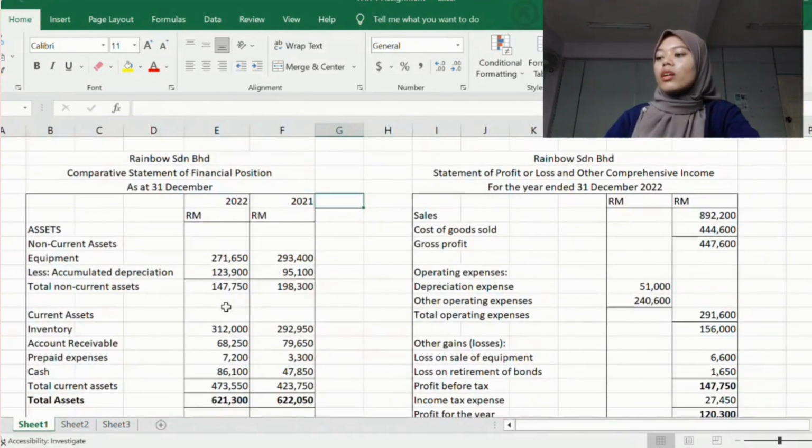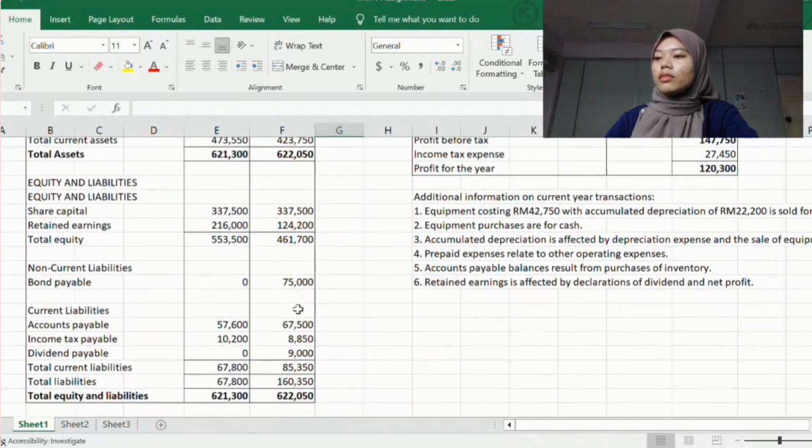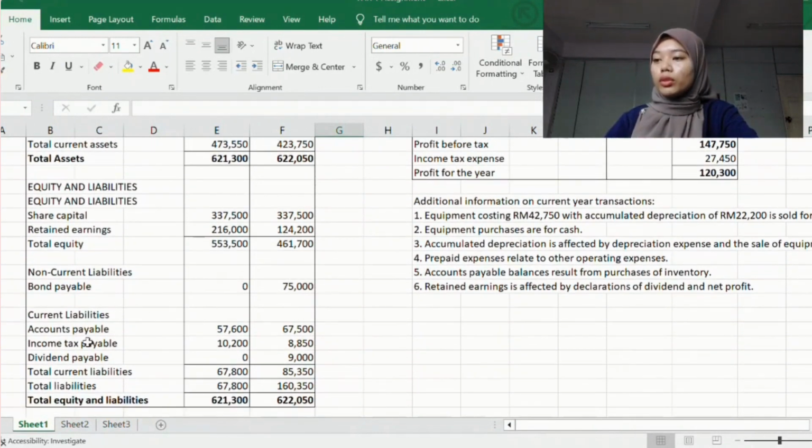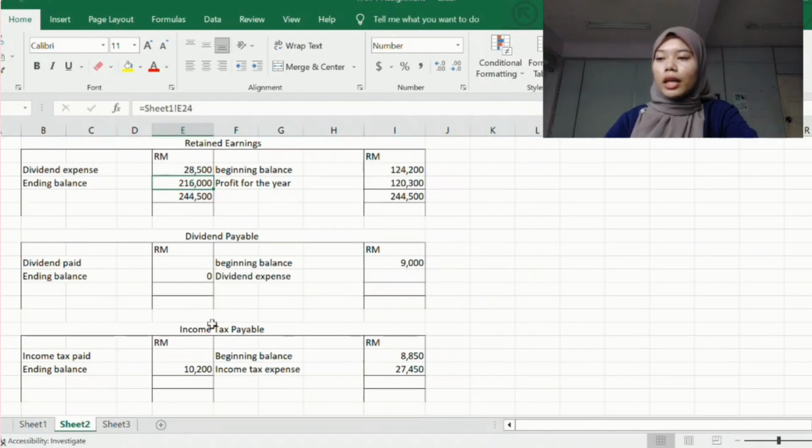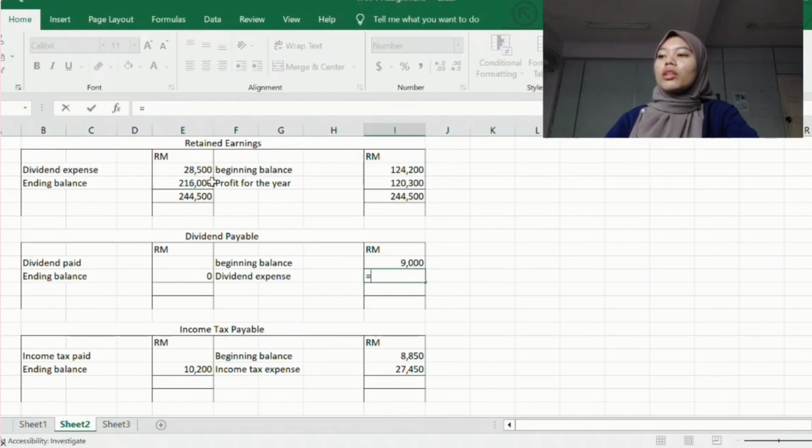So we got the dividend expense is 28,500. On the statement of financial position, we got the dividend payable, which is 9,000 for the beginning balance and 0 for the ending balance. So we open the dividend payable account. The beginning balance is on the credit side, and the dividend expense we got earlier is 28,500.